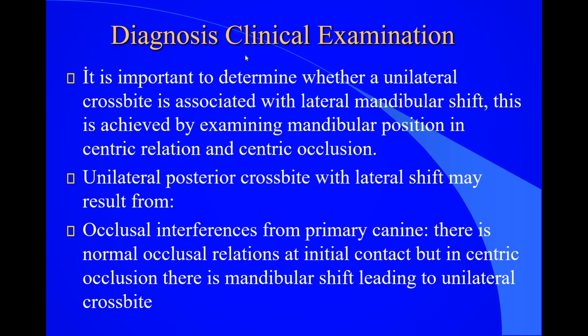So during diagnosis clinical examination, it is important to determine whether a unilateral crossbite is associated with lateral mandibular shift. This is achieved by examining mandibular position in centric relation and centric occlusion.